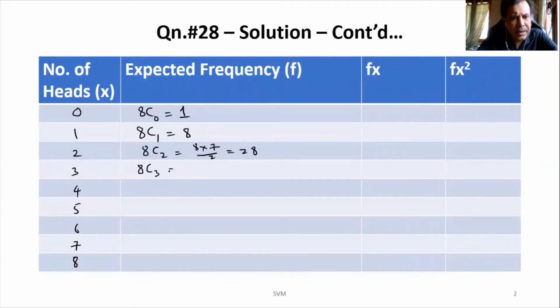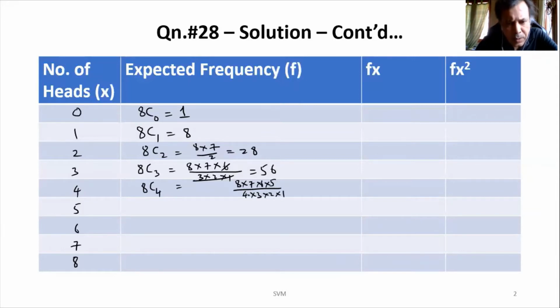Then 8C3 becomes 8 into 7 into 6 divided by 3 factorial, 3 into 2 into 1. I can cancel this, so I get 56. Then 8C4 is 8 into 7 into 6 into 5 divided by 4 factorial, 4 into 3 into 2 into 1. Now 4 and 2 cancel with this 8, and this 3 cancels, so this becomes 70: 5 into 2 is 10, 10 into 7 is 70.